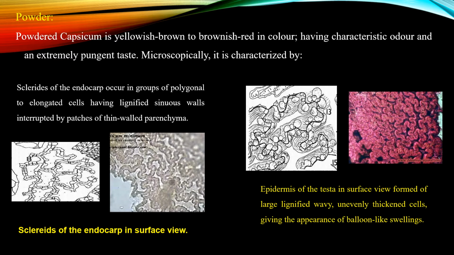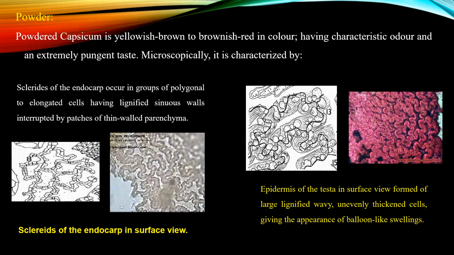The powder shows islets of sclerites from the endocarp, polygonal elongated cells with lignified sinuous walls interrupted by thin-walled parenchyma cells. This is the islet of sclerites.